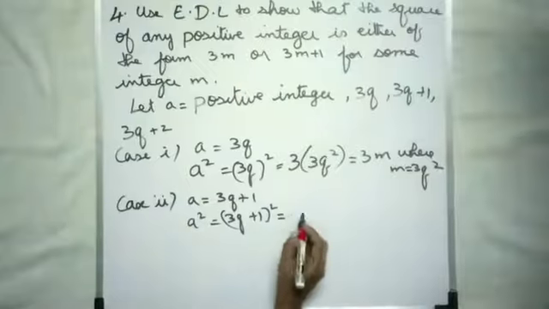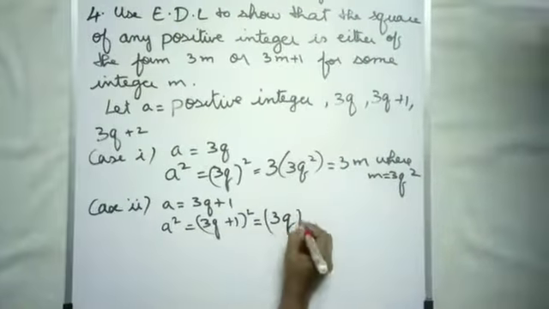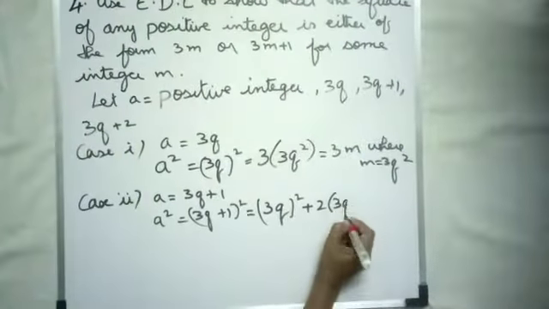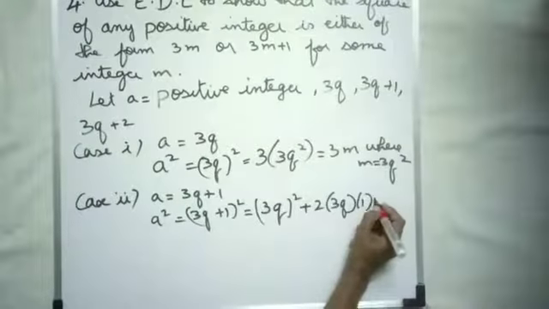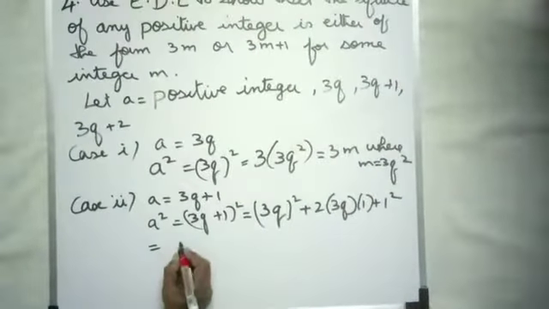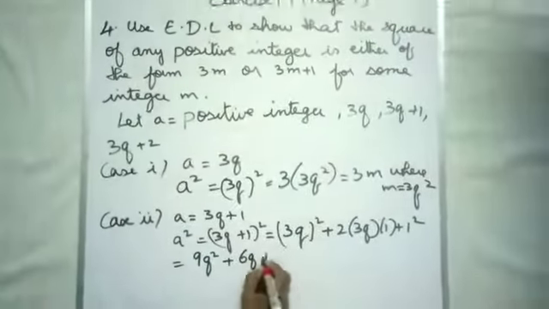This is of the form A plus B the whole square. That is A square plus 2ab plus B square: 3q square, plus 2 into 3q into 1, plus 1 square. So 9q square plus 6q plus 1.